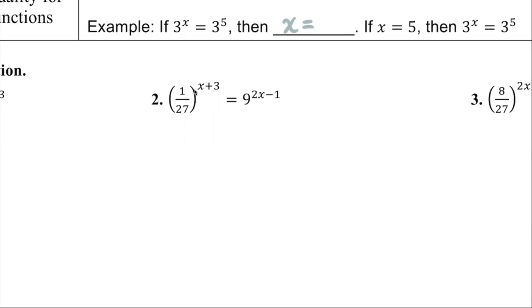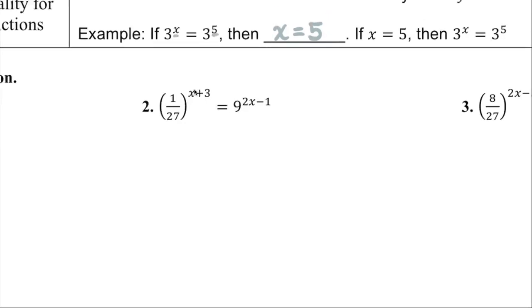What do you guys think x will be equal to? Just using sheer logic. Good, yes. You guys are great. So x then should be equal to 5. That makes sense, right? That this would then have to equal this.